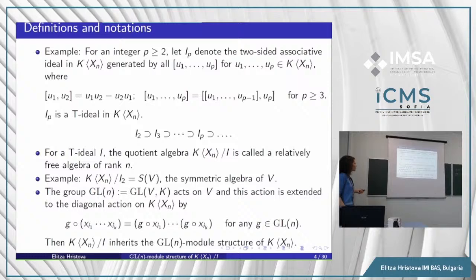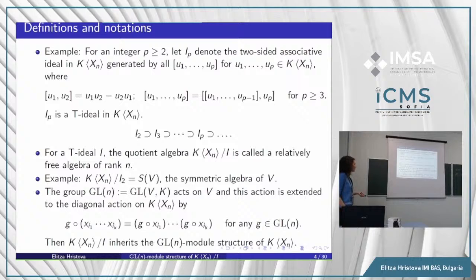And with this action, V becomes a module over GL_n, which means just a vector space with a linear action of the group GL_n, an invertible linear action. Module and representation we'll use interchangeably in this talk. So V is a representation of GL_n because GL_n acts very naturally on it, and it is usually called the natural representation, or the standard representation.